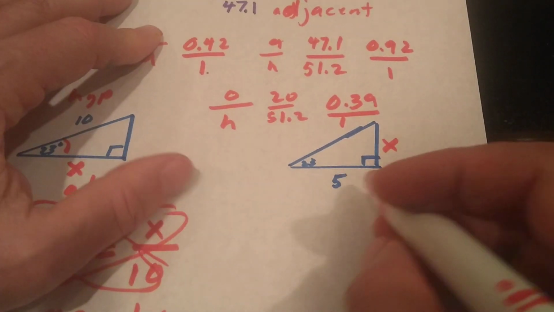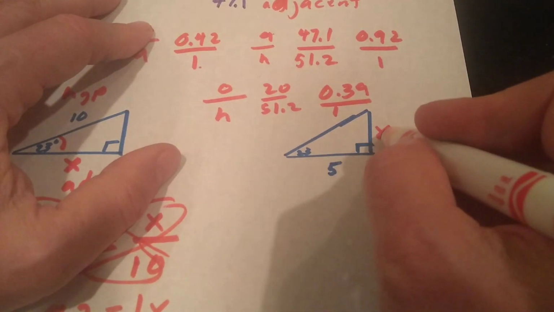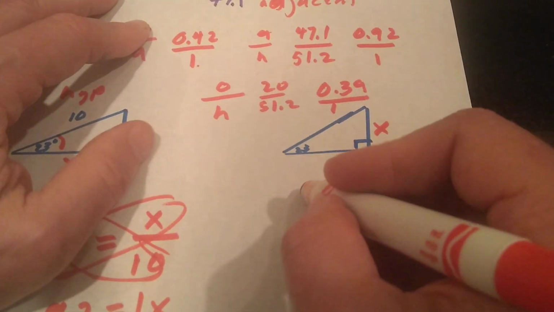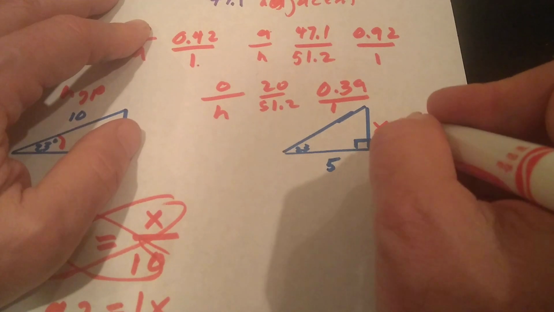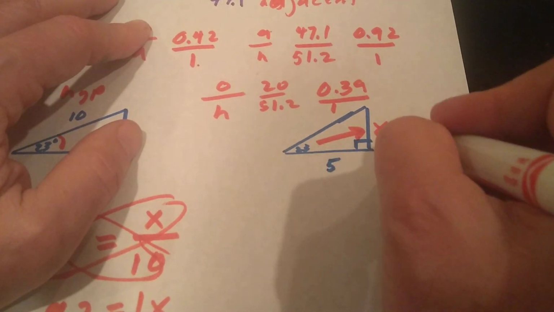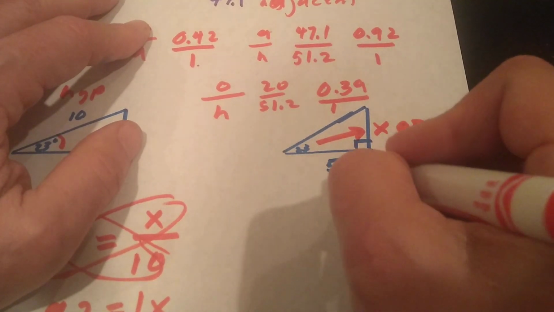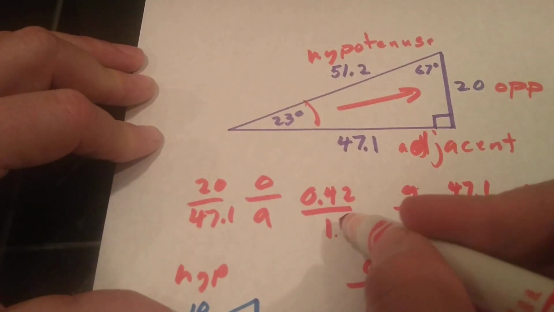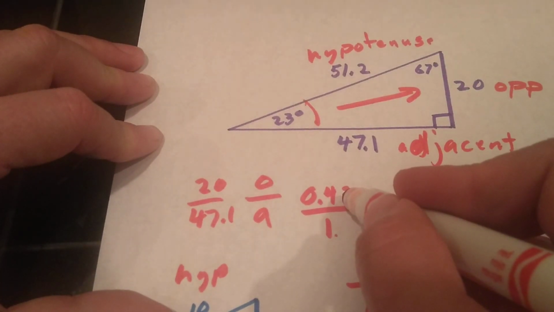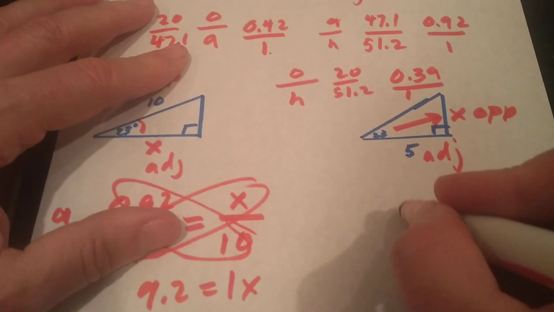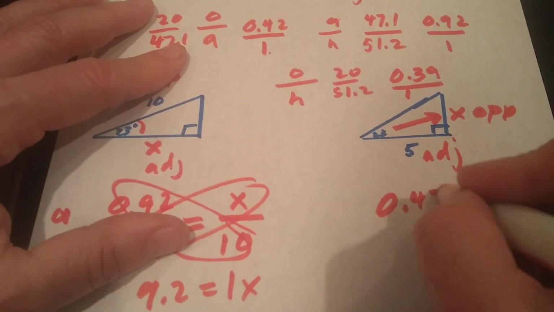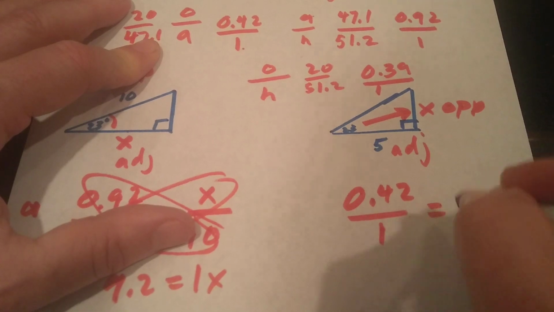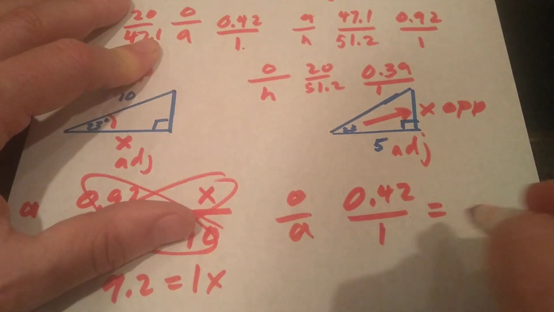Last one, almost done. This is 23. This is x and 5. So this is from this angle. This is opposite. This is the adjacent. If I go back up here, my opposite over adjacent ratio was, my adjacent was 1, my opposite would be 0.42. So I'm going to do 0.42 over 1. And once again, we're doing opposite over adjacent.